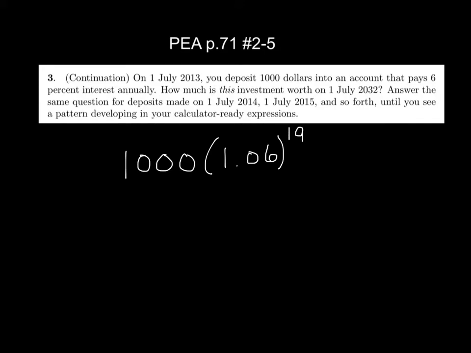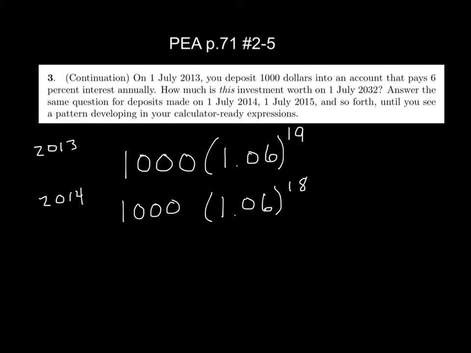Now they're saying, what if they were all the same account, or they're not the same account, but you kept on doing that every year? So this is 2013, then 2014, that amount, 1,000, is going to be deposited, and now it's only going to be in there for 18 years.